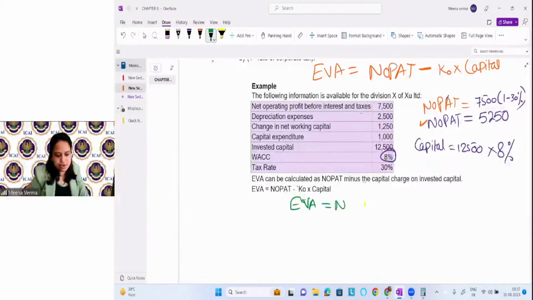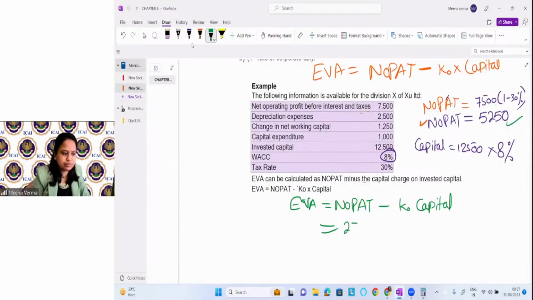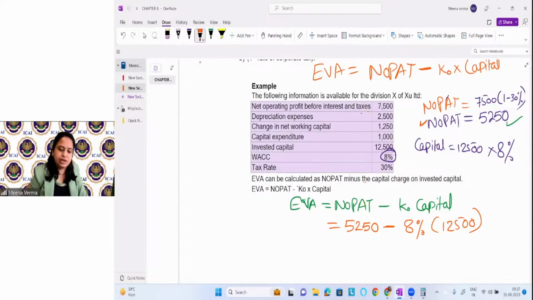EVA is equal to net operating profit after tax minus the capital charge. Net operating profit after tax we have calculated. The overall cost of capital is 8% and the total capital is this amount, right?